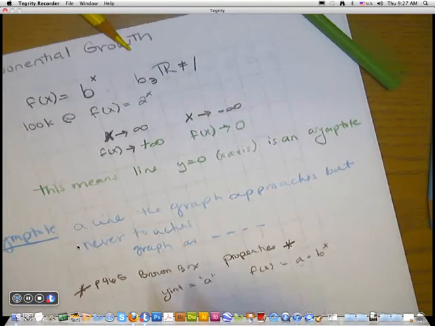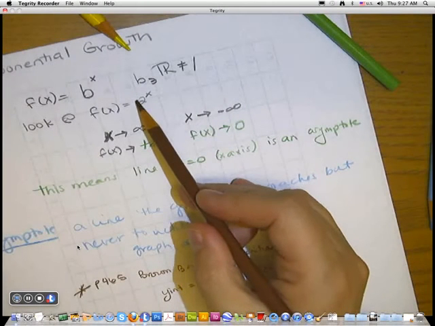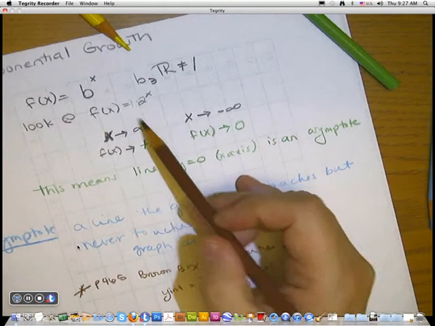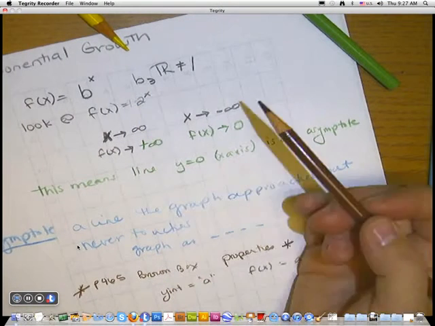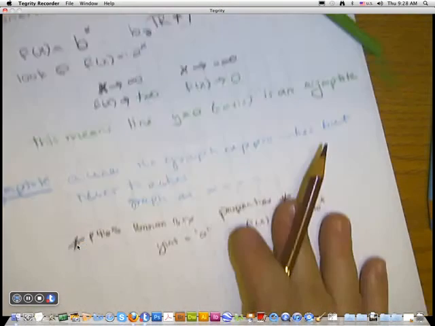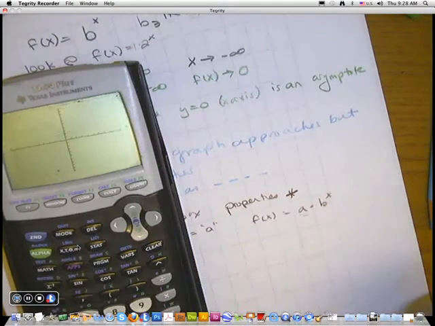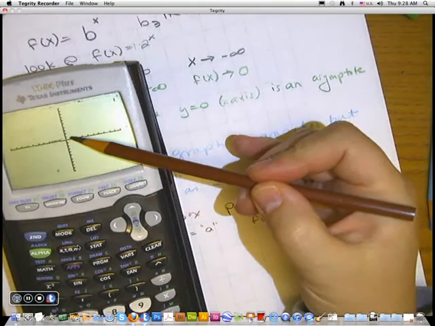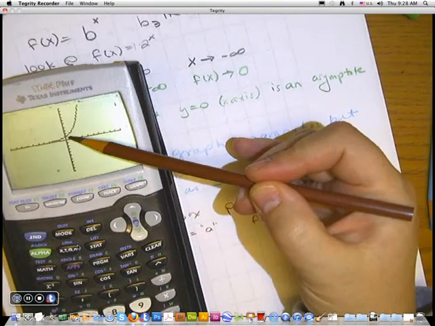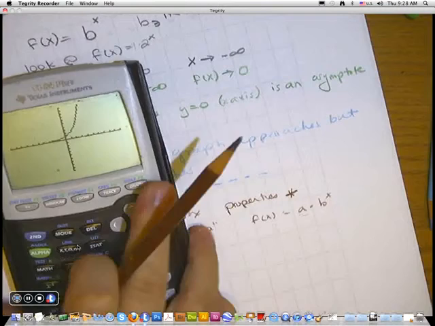So if I come back up here to this 2 to the x, notice it is there. I can have a 1 in front of that, so it's 1 times the 2 to the x. We just wouldn't write it, but it is still there. And that's why when you look at the graphed picture of this, it does go through the y-intercept at the point of 1.